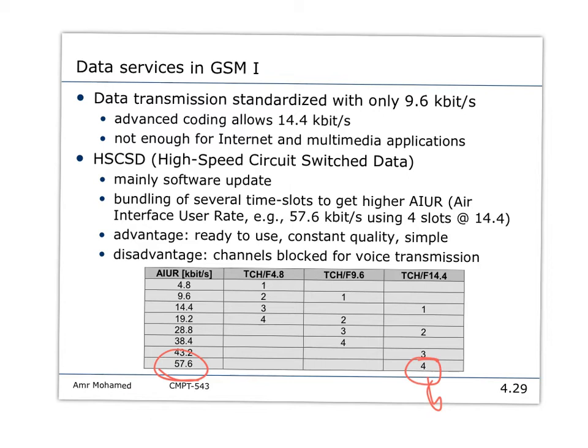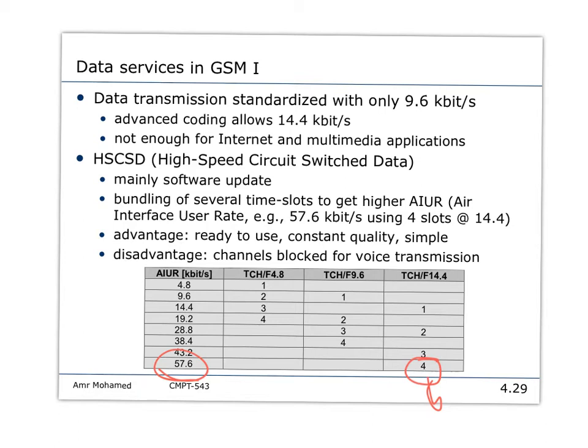The disadvantage here is that the physical channels that get assigned to the mobile station, remember this is circuit switched. Once you assign these time slots, they get assigned for the entire duration of the session. Which means that this mobile station may not have traffic to fill all these resources all the time.